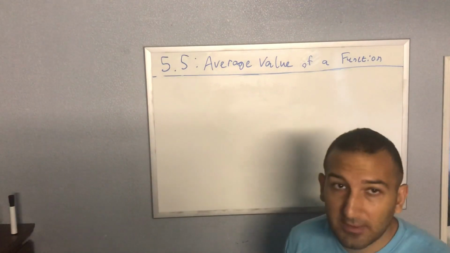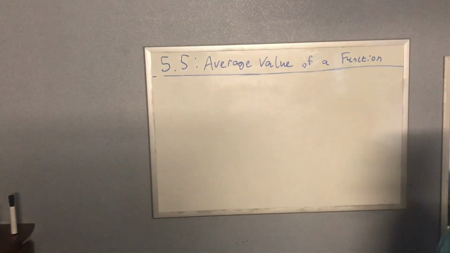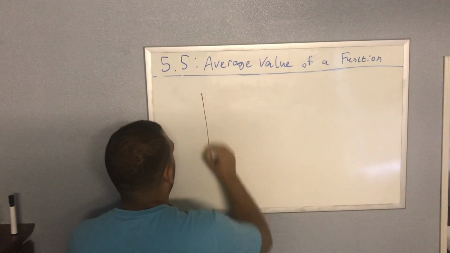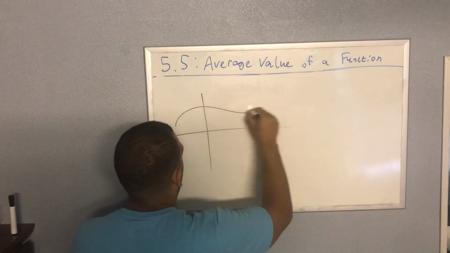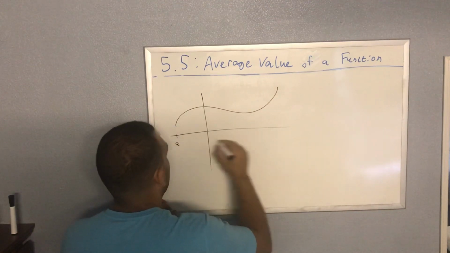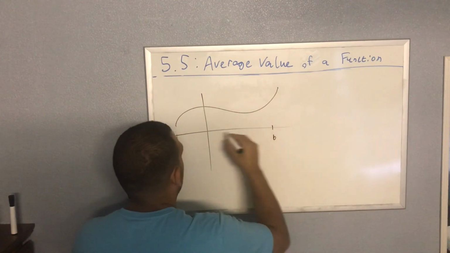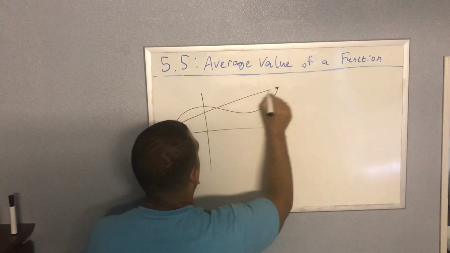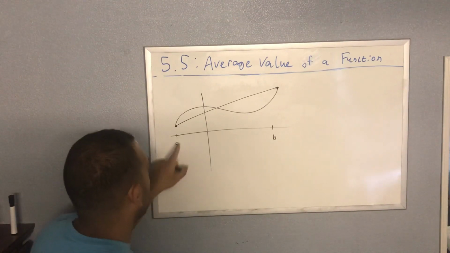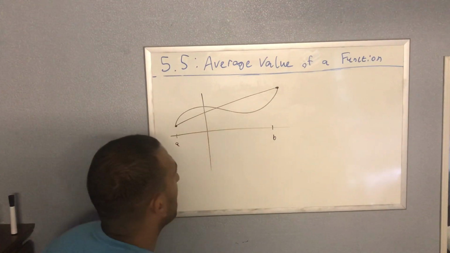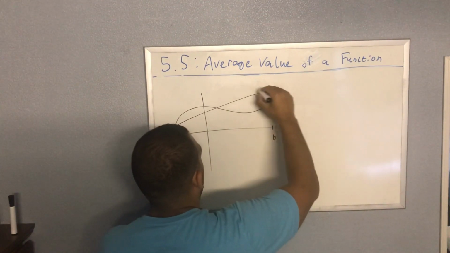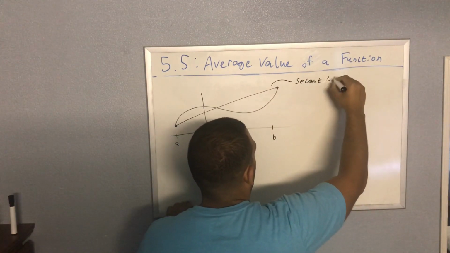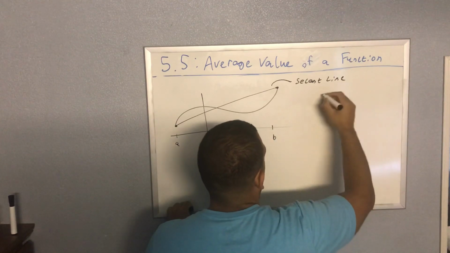So remember, for derivatives, what the mean value theorem said is that if you have a function on a to b, then this line here, remember we called this the secant line, has a certain slope.